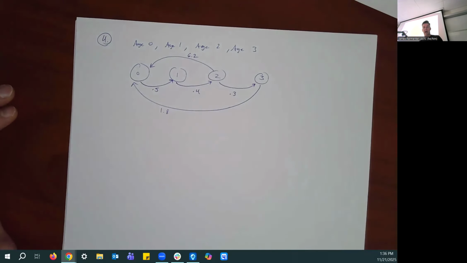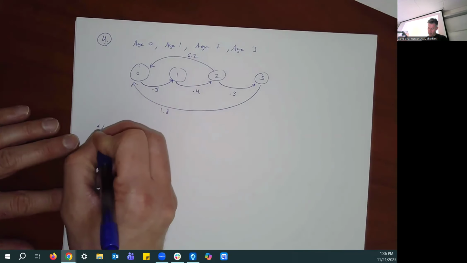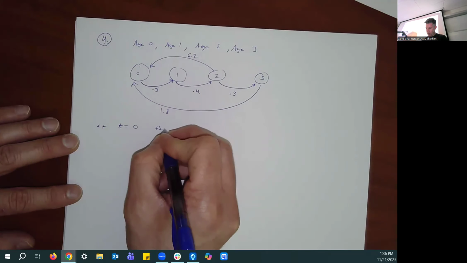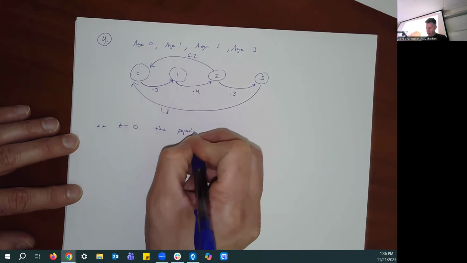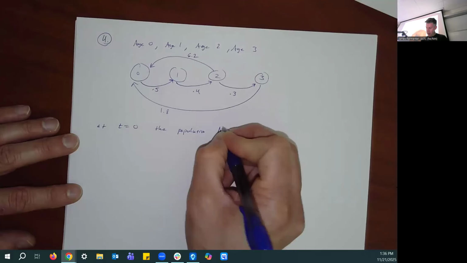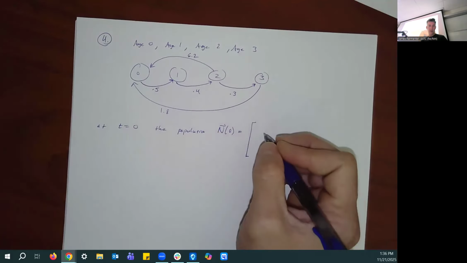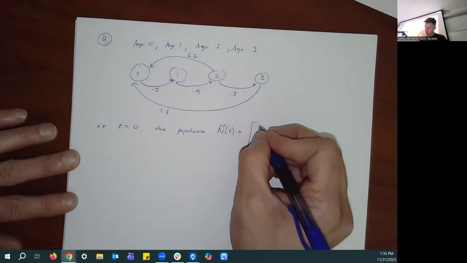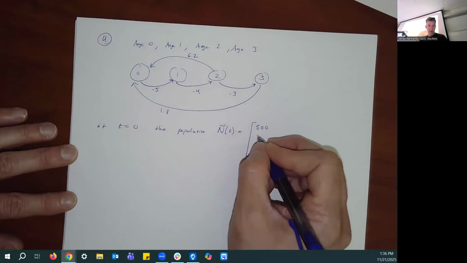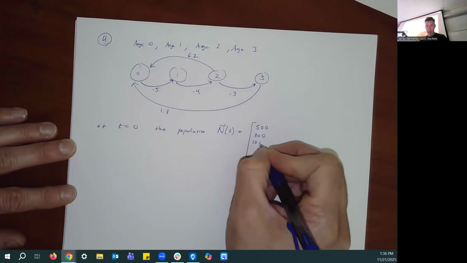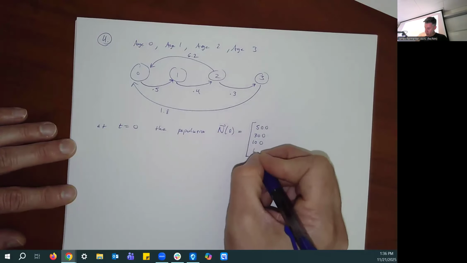Then they say at time t equal to 0, the population, which I might write as this vector, n of 0, is equal to 500 0-year-olds, 300 1-year-olds, 100 2-year-olds, and 10 3-year-olds.